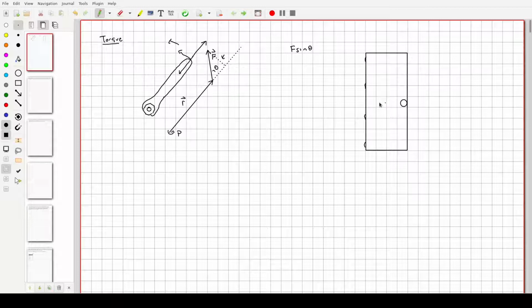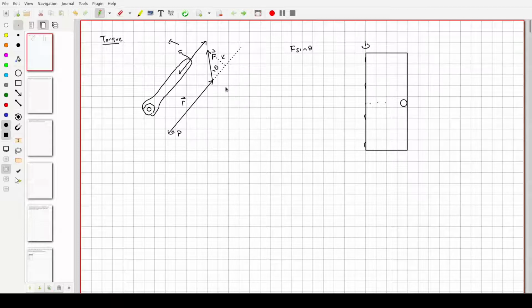As you continue to do this experiment and push closer and closer to the hinges, it takes more and more force to get the rotation to occur. And if you were to push at the hinge, on the axis of rotation of the door, the door wouldn't do anything.